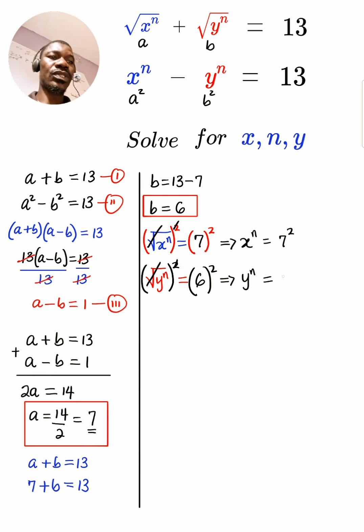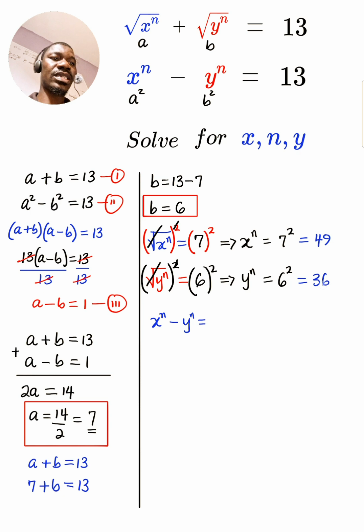Let us justify these answers by evaluating it. So let's have x raised to n minus y raised to n equals, take note, this will definitely give us 49, and this will definitely give us 36.